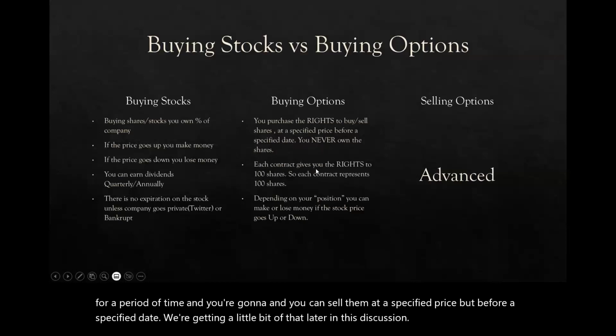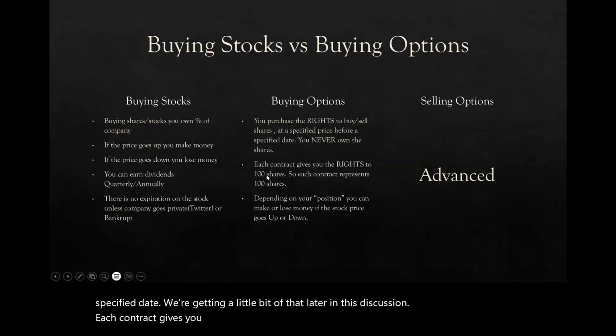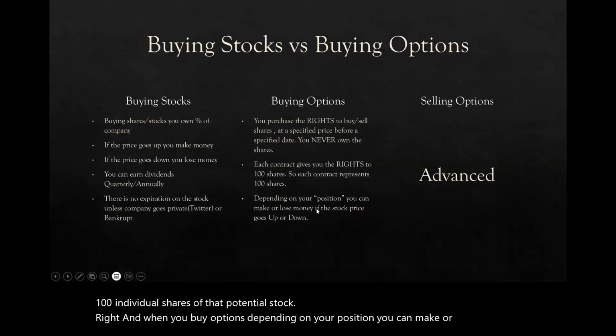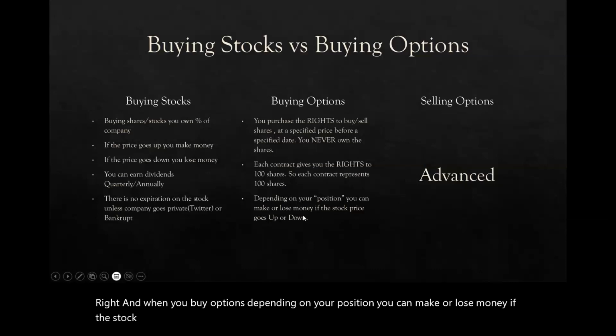Each contract gives you the rights to 100 shares. Okay, so each option contract that you buy represents 100 individual shares of that potential stock, right? And when you buy options, depending on your position, you can make or lose money if the stock price goes up or down.